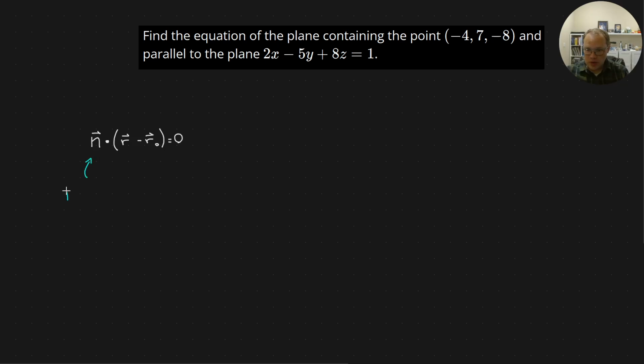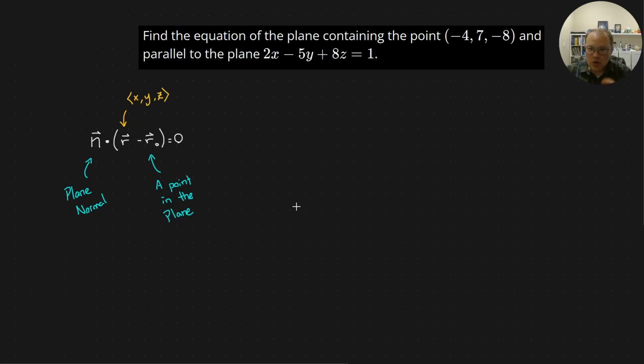So we need two things. We need the plane normal, and we need a point in the plane. If we have these two things, then we can construct the equation to the plane. This one right here is just our variable vector, x, y, z.